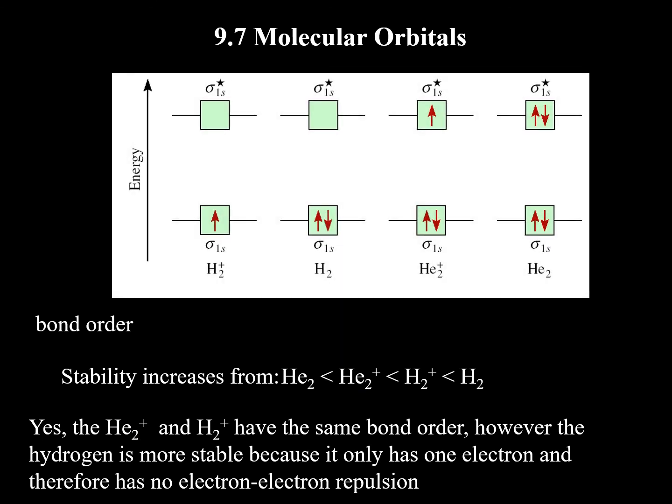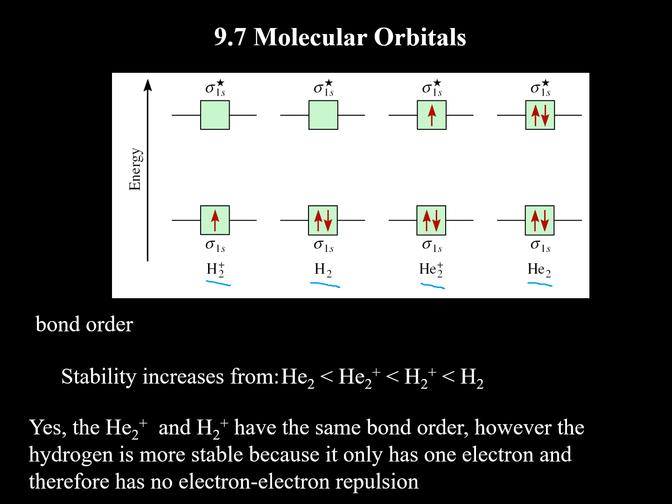I've drawn this out for you for each case on this slide. We have H2 plus, H2, He2 plus and He2, so you can figure out the total number of valence electrons. We place them first in the most stable MO.